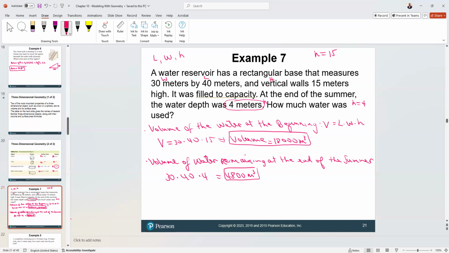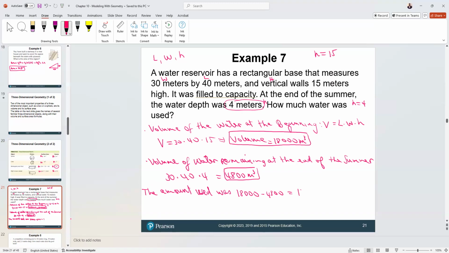They asked how much water was used. At the beginning we have 18,000, and at the end we have 4,800. So the amount used was what you have at the beginning minus what you have left at the end.